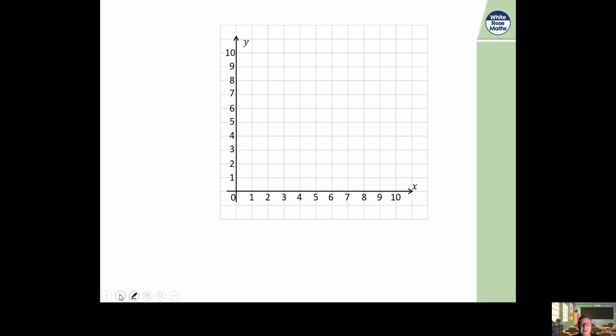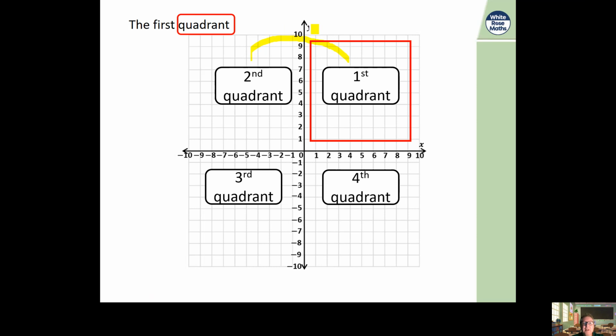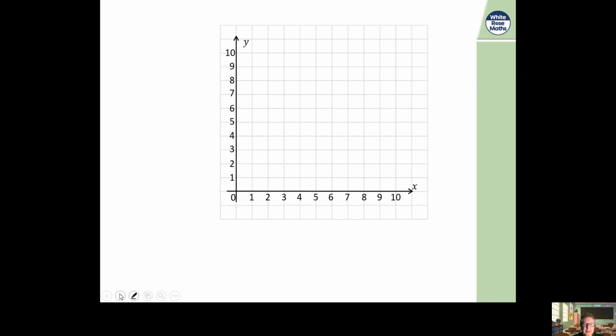So we've taken out the first quadrant from the diagram. So just pop back. If you have a look, this part of this diagram has been taken out. And here we go. So we've got the x-axis across and the y here. What was this called?